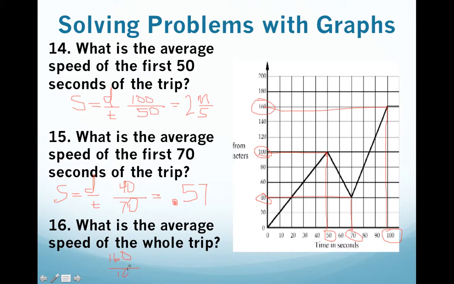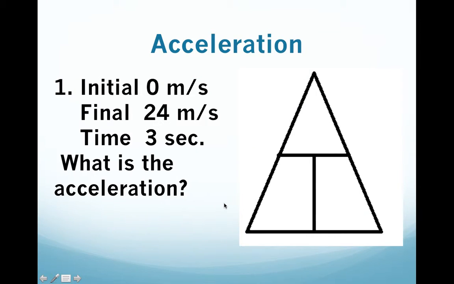And when I divide those, I get 1.6 meters per second. And I didn't write this one. The speed for that one would be a meter per second as well. Any questions? If you have any questions, be sure to see your teachers for that one.